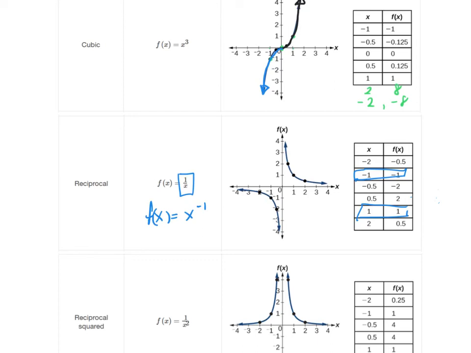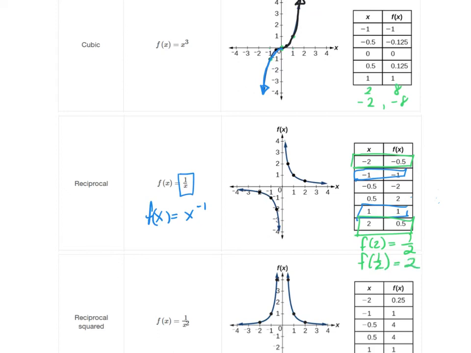So when I put in 2, 1/2 or 0.5 comes out. When I put in -2, negative 1/2 or negative 0.5 comes out. Because it is a reciprocal, when I put in 2, this is 1 over 2. But notice when I put in 1/2, the reciprocal of 1/2 is 2.